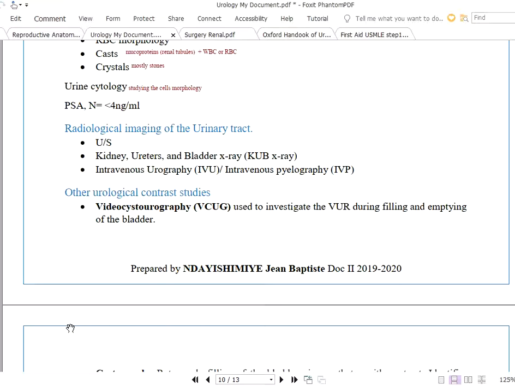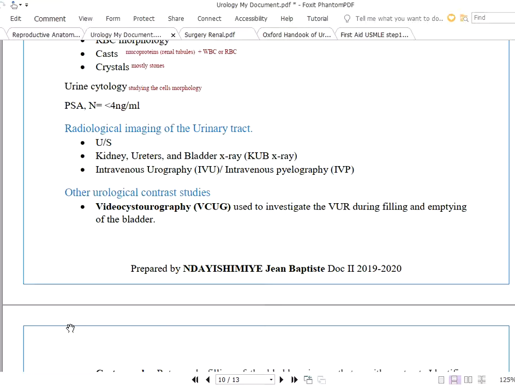So we can do intravenous urography for different reasons, maybe for looking for strictures, or for looking for a pathological condition of the kidney.